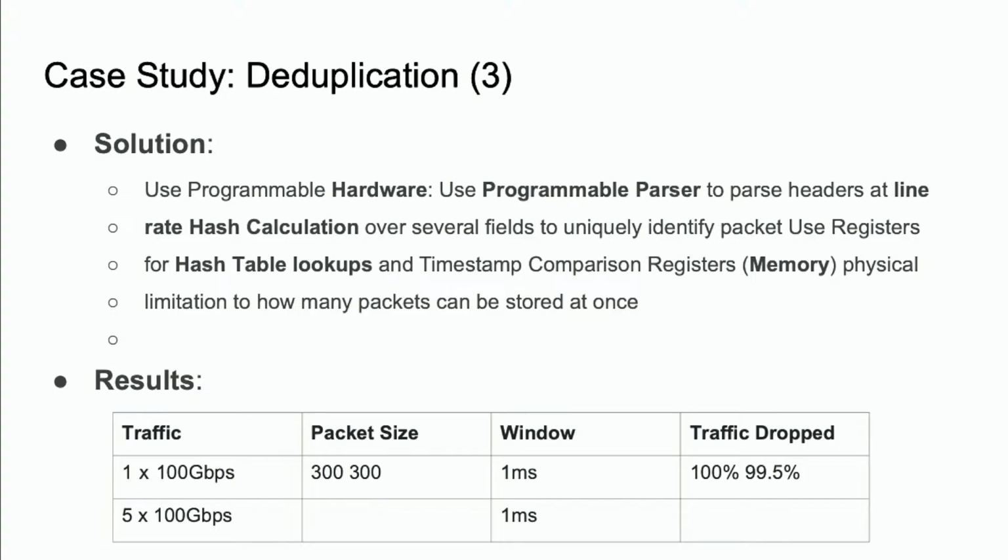This is roughly, if I remember correctly, 40,000 packets in a 1 millisecond window, and we successfully dropped 100% of the duplicate traffic. If you increase the load, let's say we move from 40,000 packets to 200,000 packets during that 1 millisecond window, we started seeing a decrease in performance, and we dropped 99.5% of that traffic.